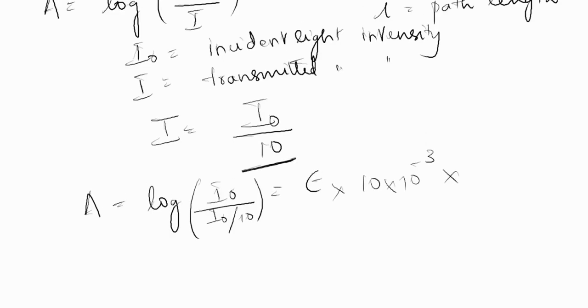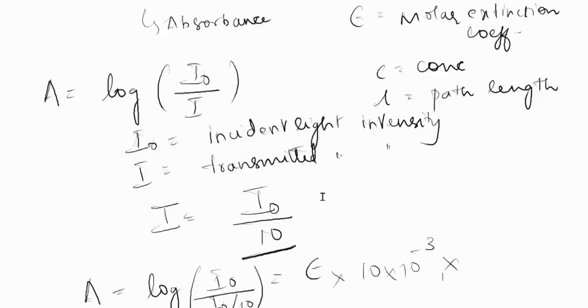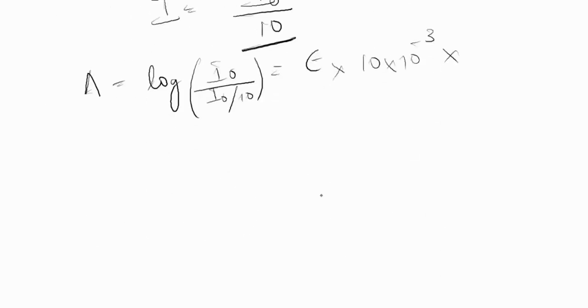Since they have asked the epsilon value in molar inverse centimeter inverse, it's important to feed all these values in those units. 10 millimolar is 10 into 10 power minus 3 molar, into the path length, which is 10 millimeter, which is 10 into 10 power minus 1, right?